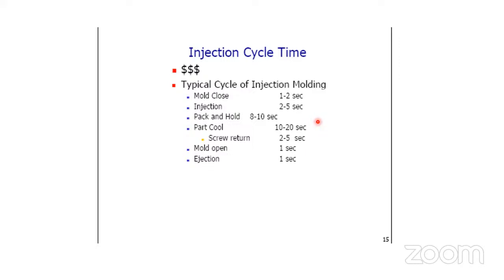Because now there is no fear about mold damage. You are just opening the mold. Finish. Therefore, again slow, fast, slow. Same speed, slow, fast, slow. Now ejection only 1 second.